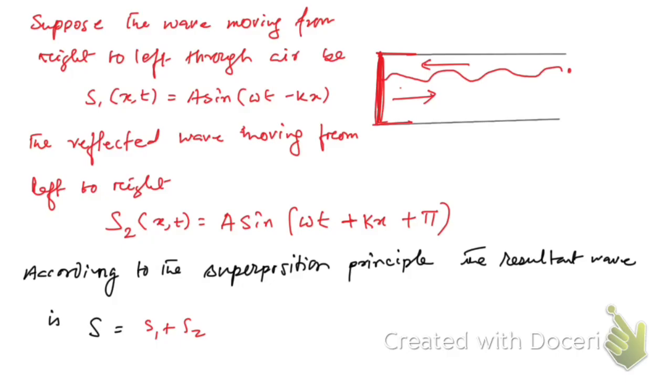Here you can see that s1 is equal to a sine(omega t minus kx), and plus s2 is a sine(omega t plus kx plus pi). Now here you see this pi plus this one.